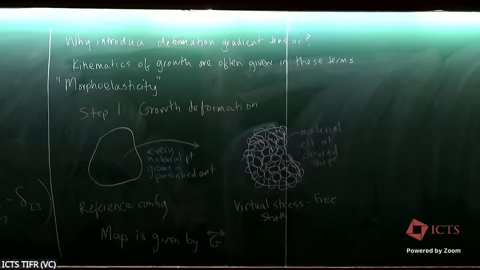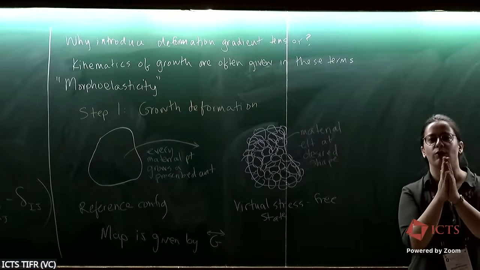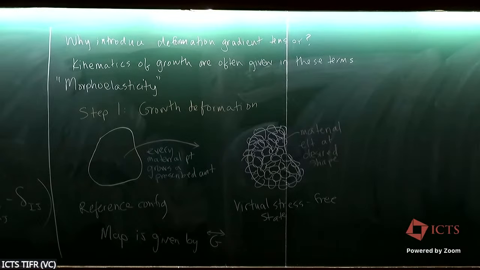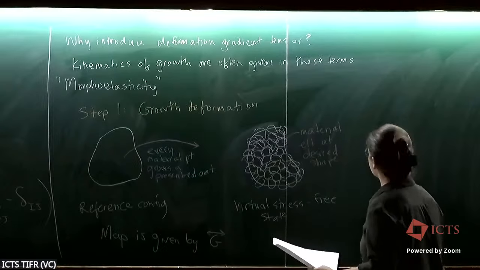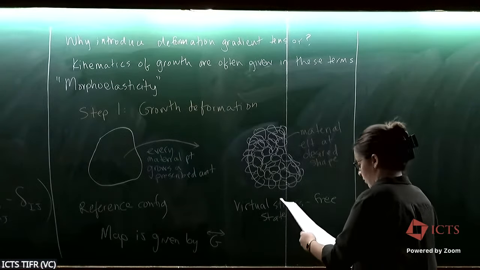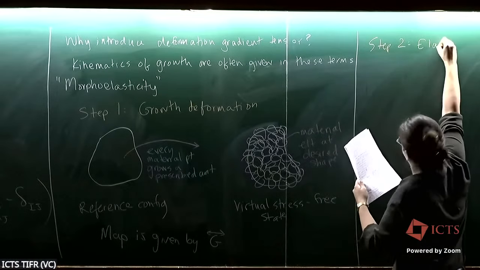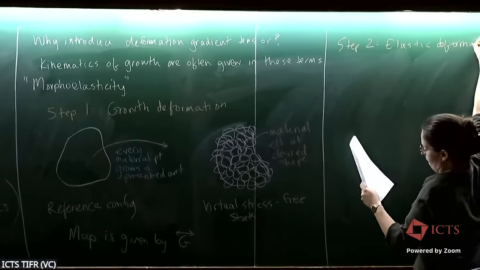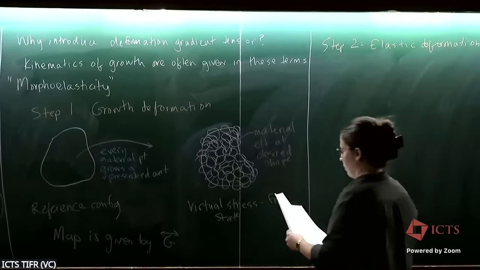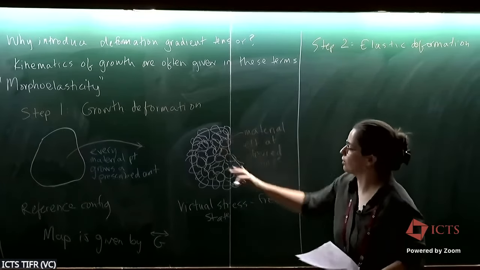There are many beautiful examples. I think we'll see many of them, but one would just be a bilayer where one grows more than the other. You're going to have stresses develop, and in that case, you need to have a step 2. And in your step 2, you have an elastic deformation, which is where you are forcing together these material elements that are all at their desired shape.